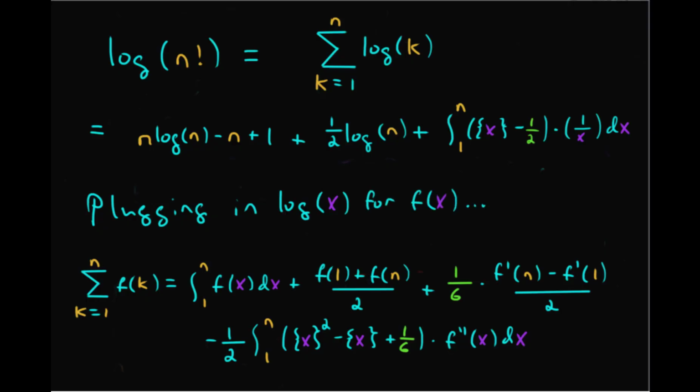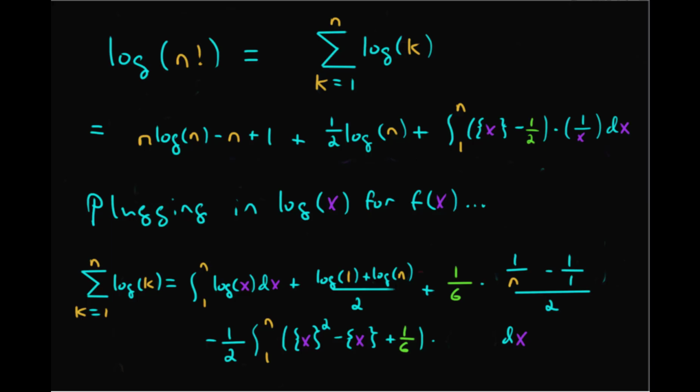So we'll have that the sum from k equals 1 to n of the natural log of k equals the integral from 1 to n of log of x dx plus the log of 1 plus the log of n all over 2 plus 1/6 times the derivative of log of x, which of course is 1 over x, so that'll be 1/6 times 1 over n minus 1 over 1 all over 2 minus 1/2 times the integral from 1 to n of the second periodic Bernoulli polynomial, I'm not going to read it out again, times f double prime of x dx, which here would equal negative 1 over x squared dx.